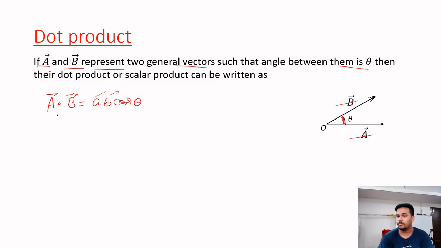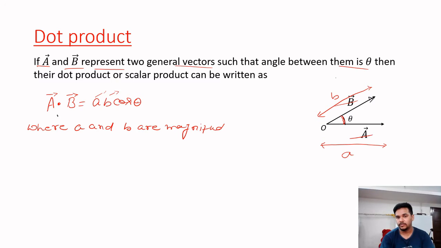A and B are the magnitude of vector A and the magnitude of vector B, which is nothing but the length of the vector. Here, this is the length of vector A and this is the length of vector B, because the length of any vector gives its magnitude. So A and B are magnitudes of vectors A and B respectively.